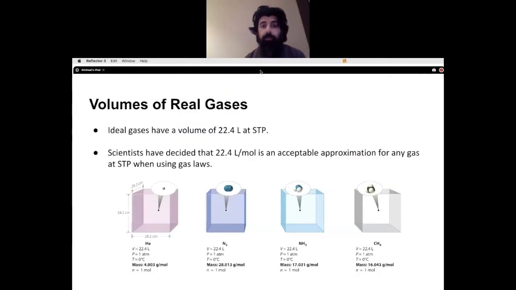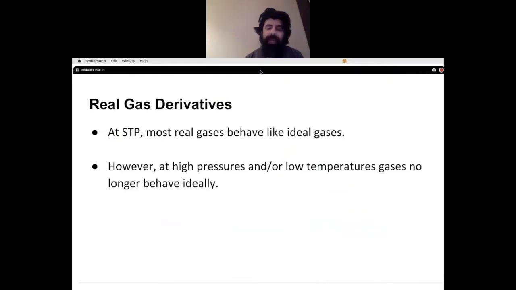So the volumes of real gases now. Ideal gases have a volume of 22.4 liters at STP for every 1 mole. So scientists have decided that this is an acceptable approximation for any gas at STP using gas laws, provided that we are at that STP condition. If we are not at that STP condition, that volume will in fact change. So, real gas derivatives. At STP, most real gases behave just like ideal gases.